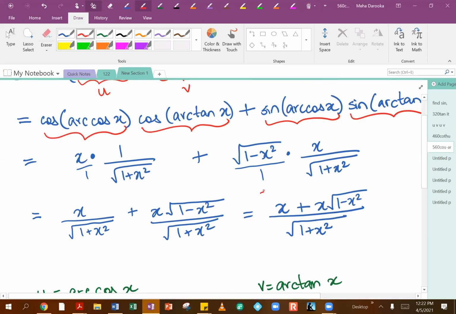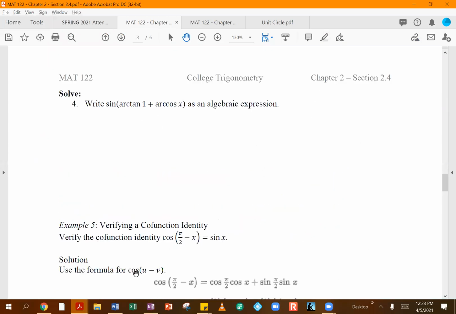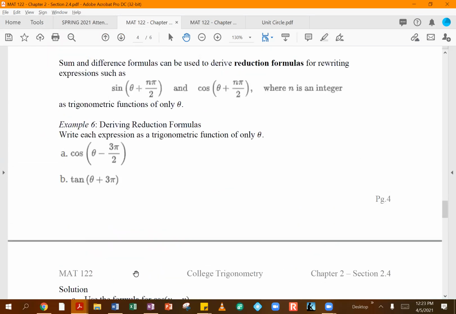And you know what? I would try with this to see if WebAssign would accept this as your answer, because rationalizing will actually make it look even more complicated than what it is. Because, of course, we would have to multiply by square root of 1 plus x squared on both top and bottom. So I would try this, and I have a feeling that it will actually accept your answer in that form.